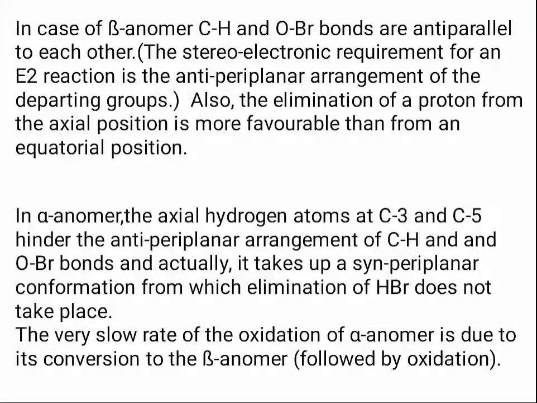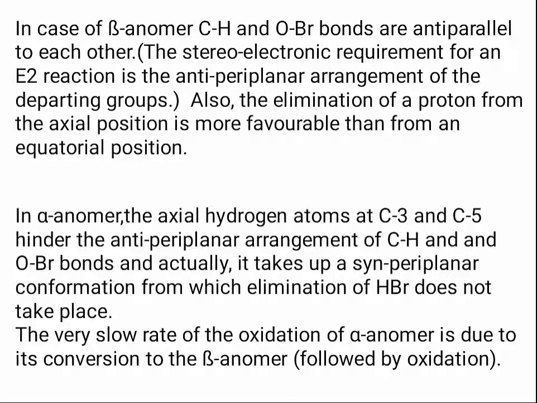Now just read it. In the beta anomer, the C-H and O-Br bonds are anti-periplanar to each other, or anti-parallel to each other. The stereoelectronic requirement for an E2 reaction is the anti-periplanar arrangement of the departing groups. Also, the elimination of a proton from the axial position is more favorable than from an equatorial position.